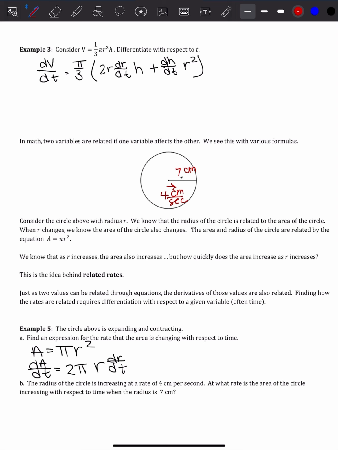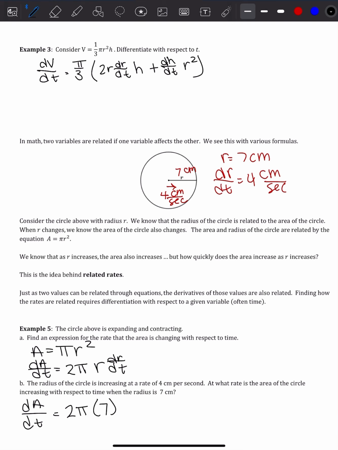Okay, so we are going to use that equation we just found: dA/dt is equal to 2πr times dr/dt. Things that we know: r is equal to 7 centimeters, and dr/dt is equal to 4 centimeters per second. So we have dA/dt is equal to 2π times 7 times 4.